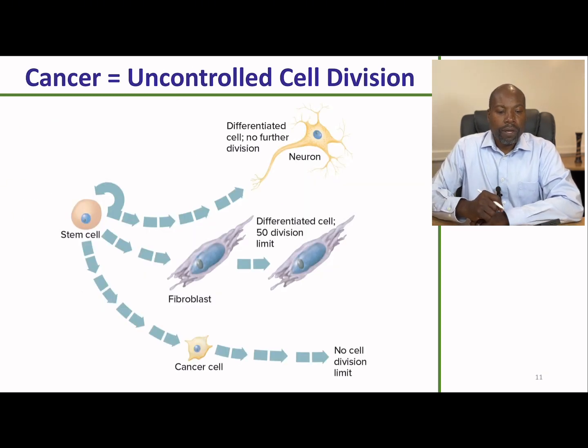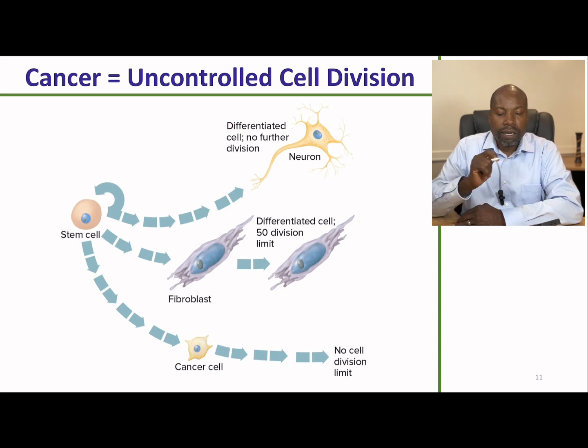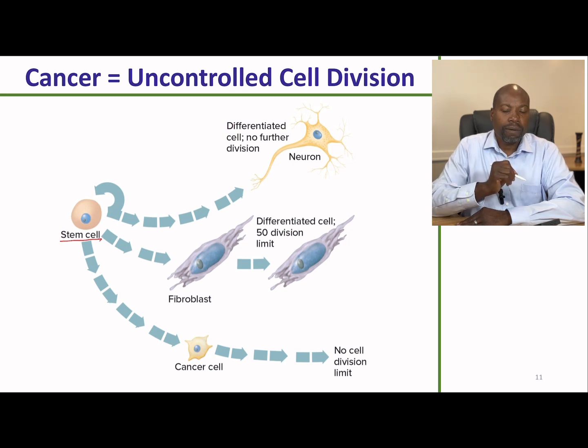So let's move on. Uncontrolled cell division happens because of the many things I already mentioned earlier, right? But remember, cancer is uncontrolled cell division. Now, in a normal situation, stem cells have the ability to renew themselves, all right? They also have the ability to differentiate into more specialized cells. Here, for instance, we have a neuron and some other specialized cells.